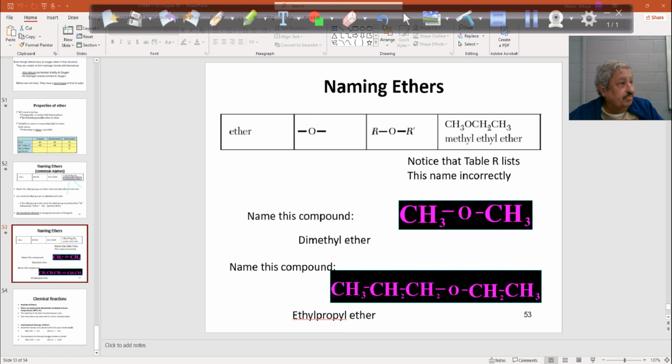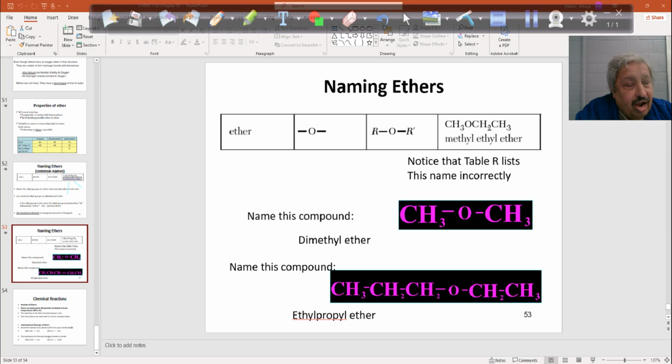Yes. Can you repeat what you just said? You said the more or the less reactive? The bulkier the R attached to the oxygen, the less reactive the ether is. The bigger the R is, the less reactive the ether is.